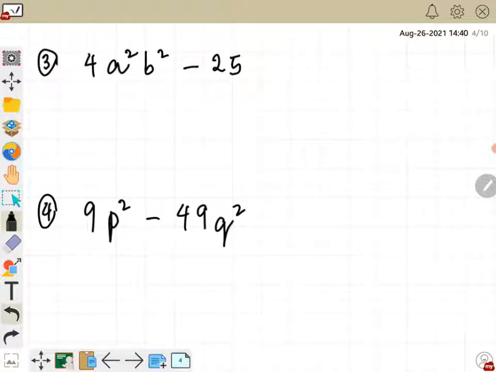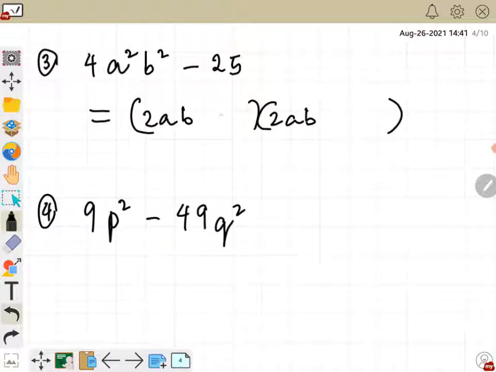Number 3, we have 4a square b square minus 25. 4a square b square is a square, 25 is a square. The operation is minus, so we can split this into 4 becomes 2 and 2, a square is a and a, b square is b and b, then plus and minus. 25 is 5 times 5.